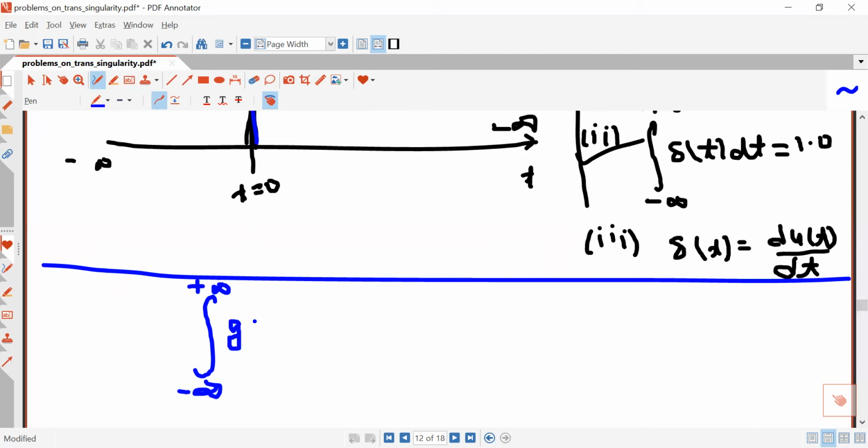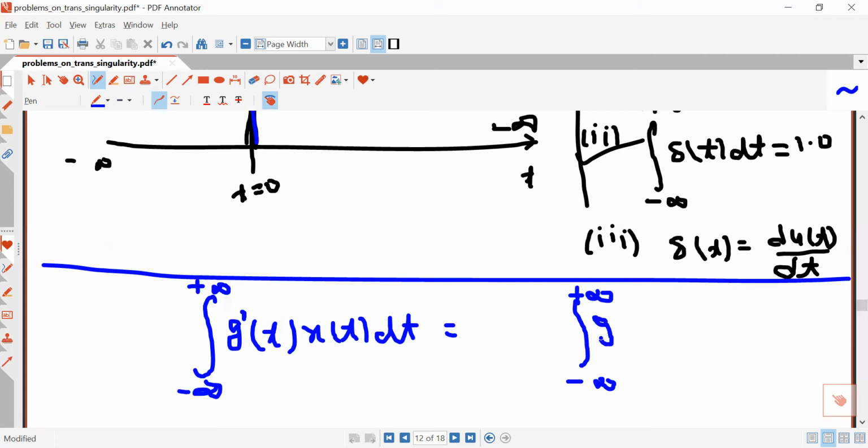If G is the generalized function, or your impulse function, and the differentiation of the generalized function is multiplied with any test signal x(t), then from the property of integration, you can change this integration as minus infinity to plus infinity, with the differentiation moving onto the test signal: the integral of g'(t) x(t) dt equals minus the integral of g(t) x'(t) dt.